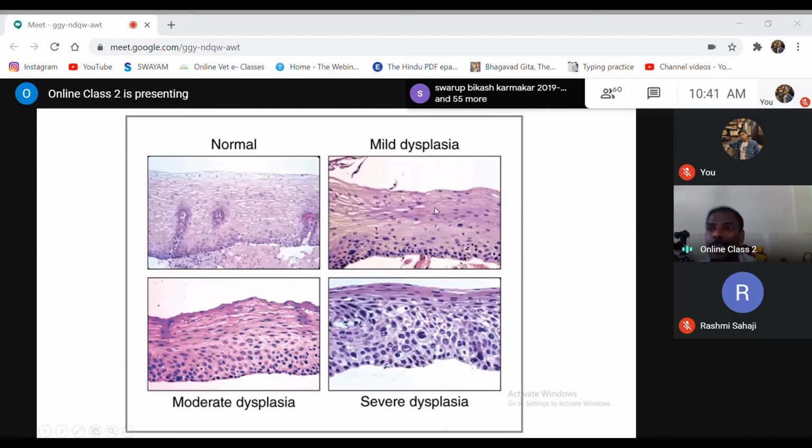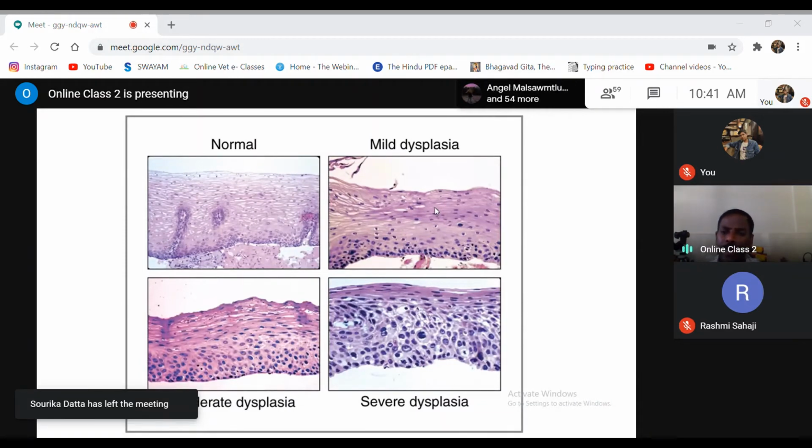Dysplasia basically refers to disorganized polarity, disorganized arrangement of the cells. This dysplasia is basically a feature you will find in epithelium. Majority of the times, the dysplastic features you will find in epithelium only.